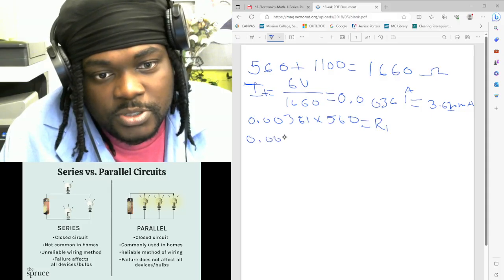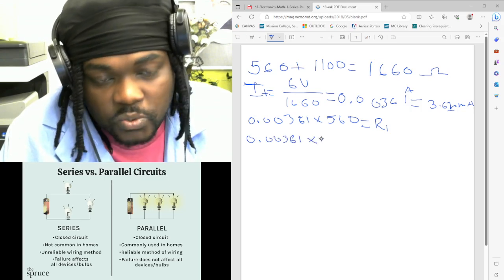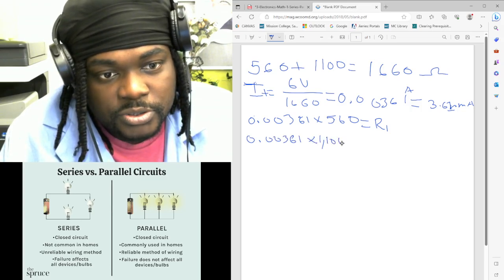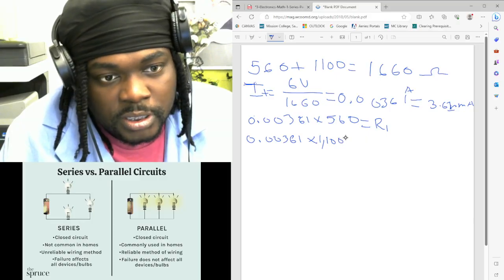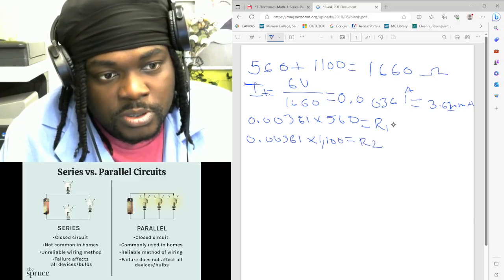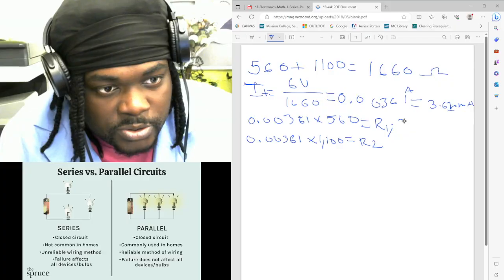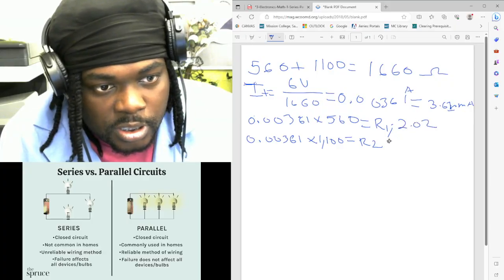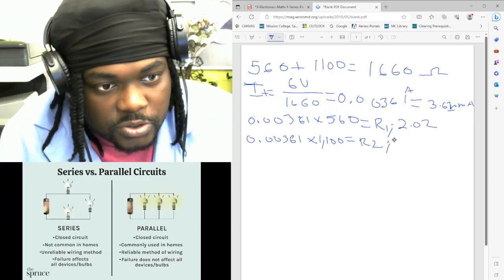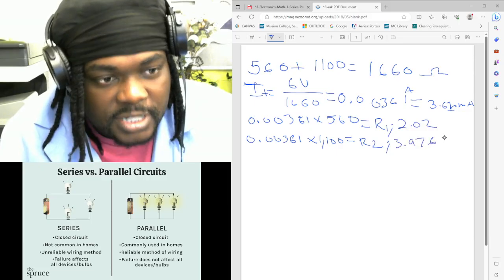Same thing, 0.00361 times 1,100. Remember, that's that 1.1 kilo ohms. That would be R2. So for R1, putting this in my calculator, you should get around 2.02. And for the next one, you should get around 3.976.